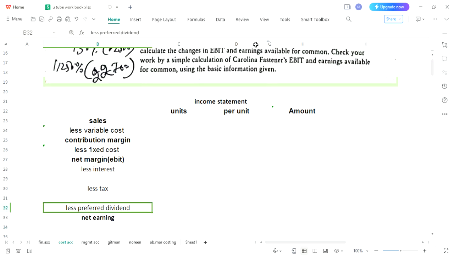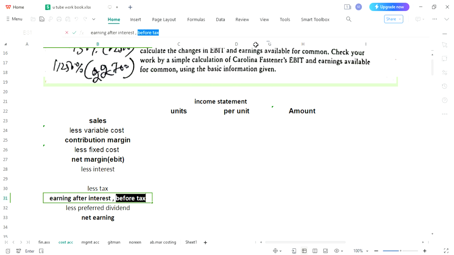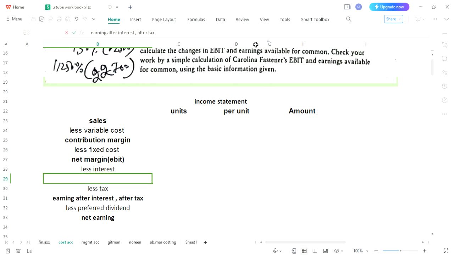This would be earning after interest and after tax. When you subtract interest, you get your earning after interest but before tax. So our statement would be completed in this way.